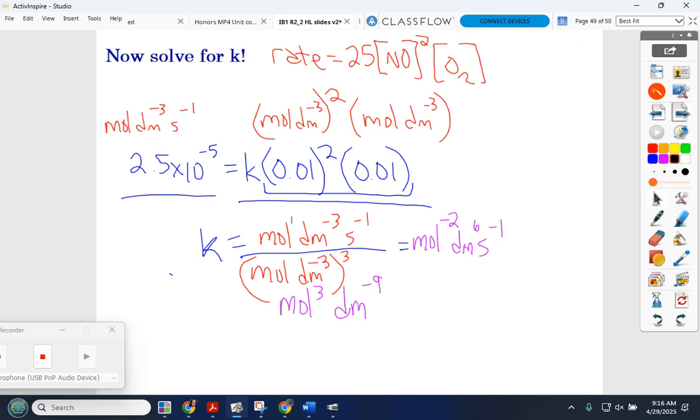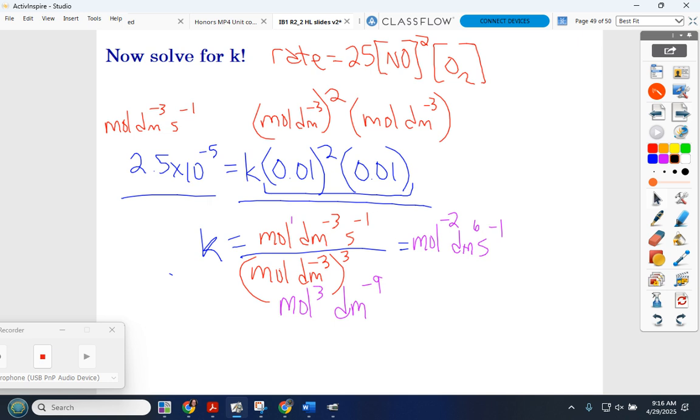And when we cube something, we multiply the exponents. So here we have moles cubed, decimeters to the negative ninth. And when we divide exponents, we subtract them. So we end up with moles being to the first minus the third, right, which ends up being moles to the negative 2.